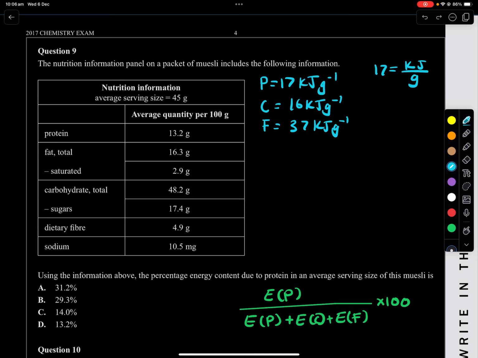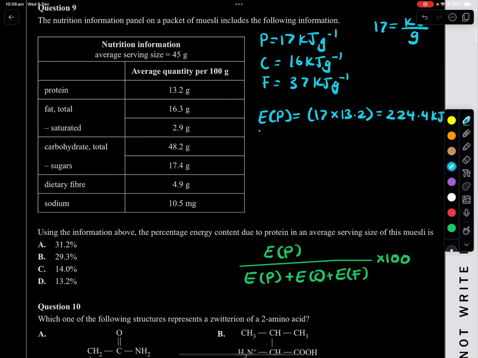So the energy of the protein is 17 times 13.2. 17 times 13.2 gives me 224.4 kilojoules.